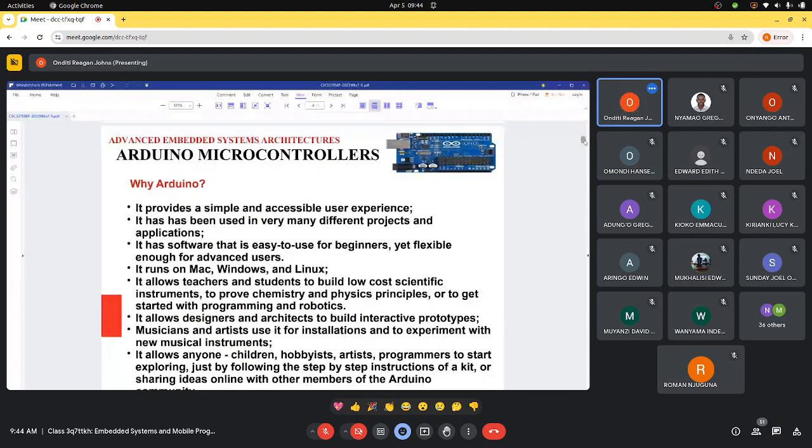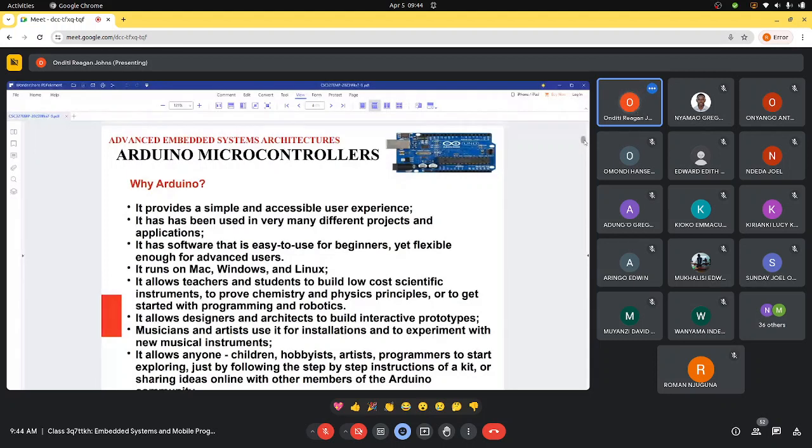This Arduino also allows teachers and students to build low-cost scientific instruments, both in the chemistry environment and the physics environment. They use both physics and chemistry principles, or get started with programming and robotics. With all that put together, you'll see Arduino helps you implement all this. It allows designers and architects to build interactive prototypes.